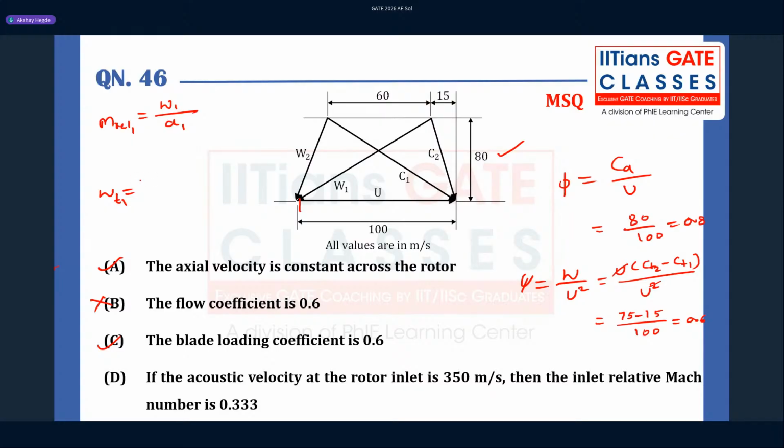That is nothing but U minus Ct1, right? And W1 I can write from the Pythagorean triplet.